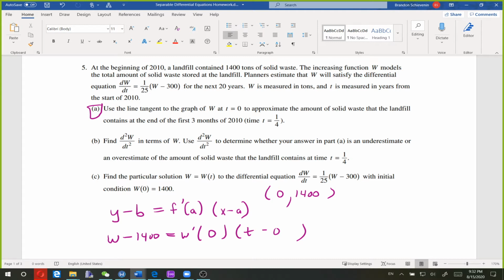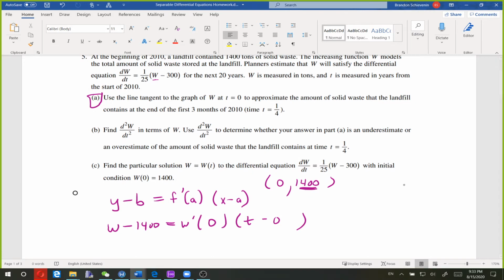Our dW over dt doesn't have t in its equation, but it does have a W in its equation, and we know what that W was. So I can plug that into our differential equation and still get an answer for W prime at 0, which I'm going to do right now.